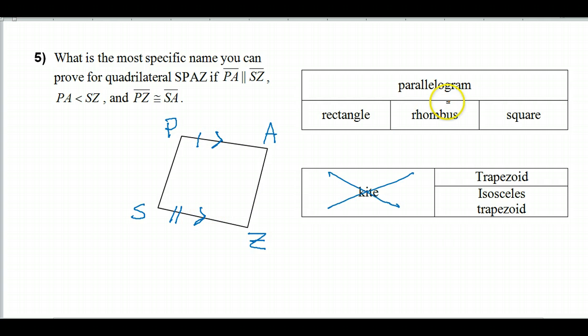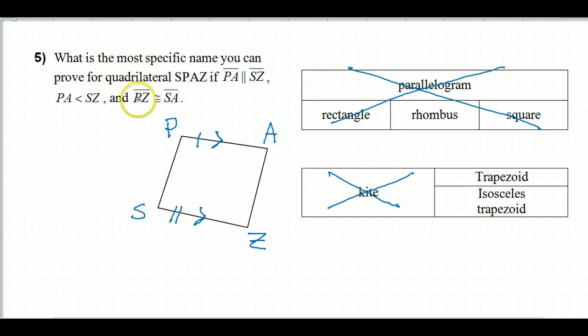Well, guess what? If opposite sides are not congruent, then it's no kind of parallelogram. A parallelogram would have opposite sides that are congruent. So it's going to be some sort of trapezoid. It's got one pair of parallel sides, and they are not the same size. That one is smaller, that one is bigger. So it's either a trapezoid or an isosceles trapezoid.